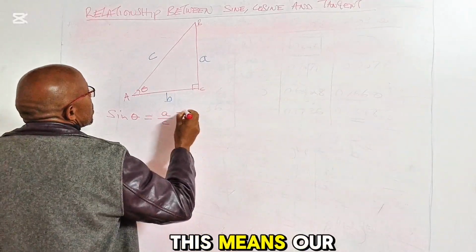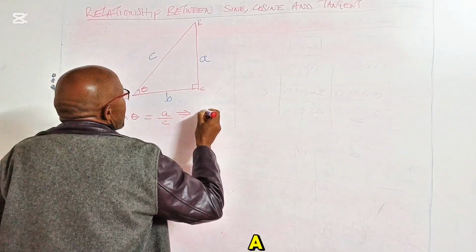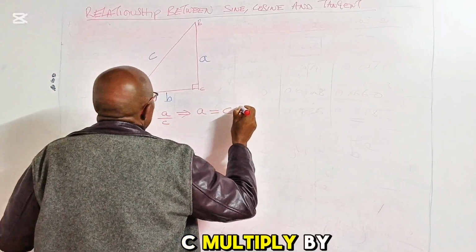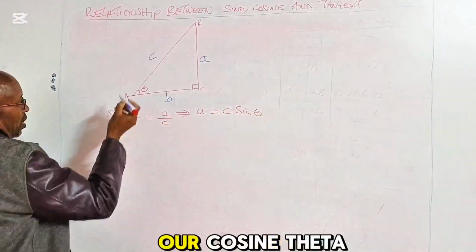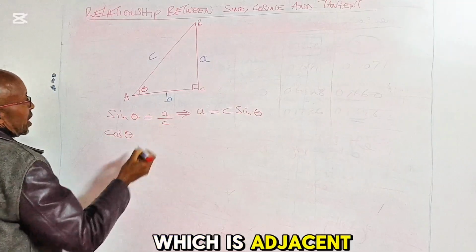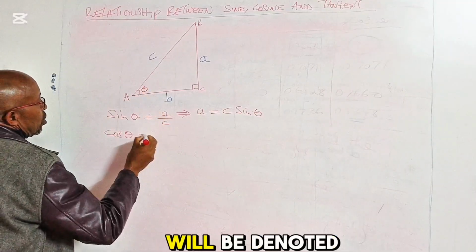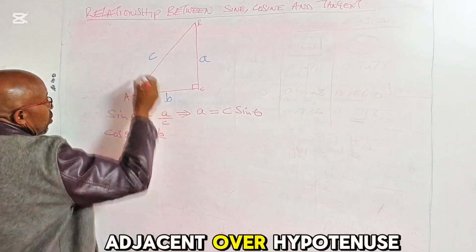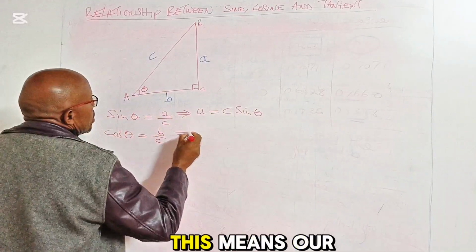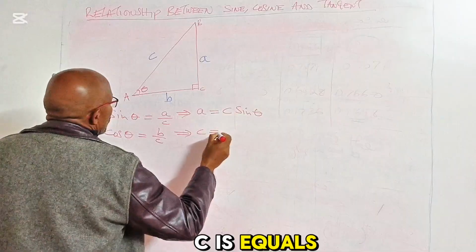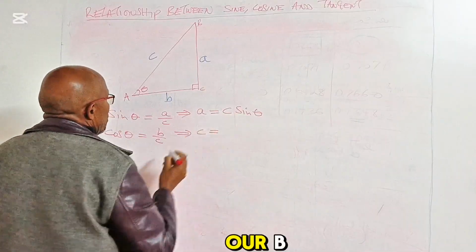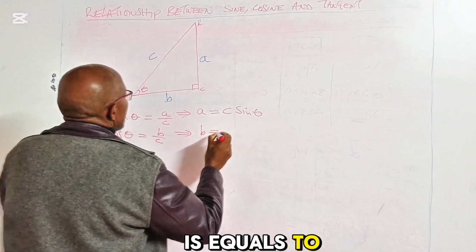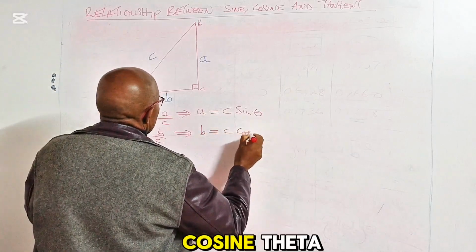This means our a, the opposite side, is equal to c multiplied by sin theta. Our cosine theta, which is adjacent over hypotenuse, will be b over c. This means our b is equal to c cosine theta.